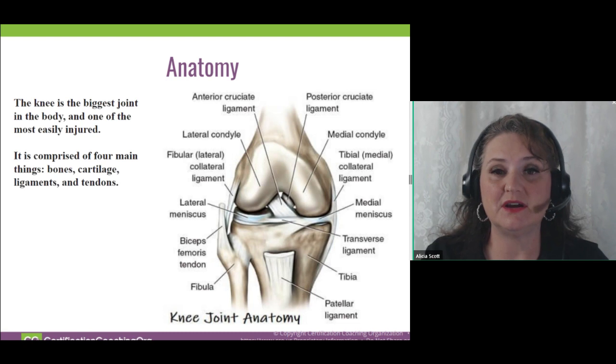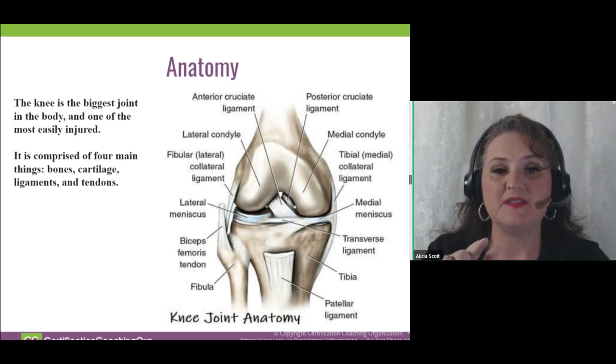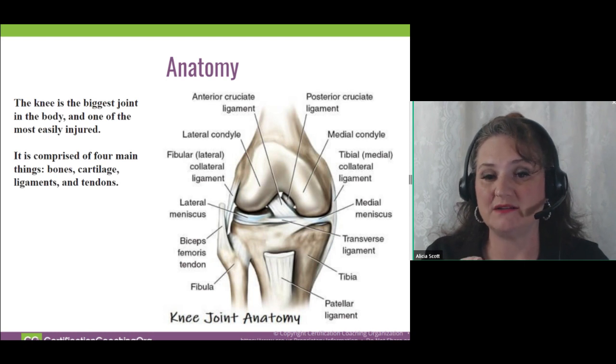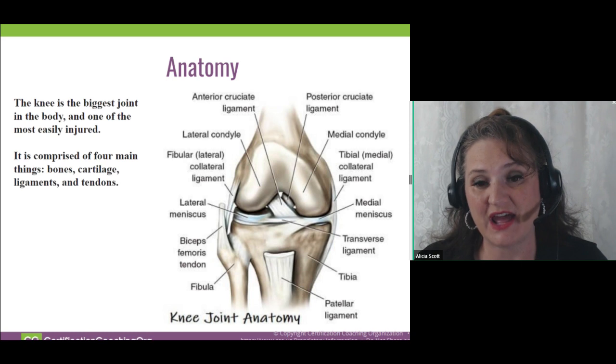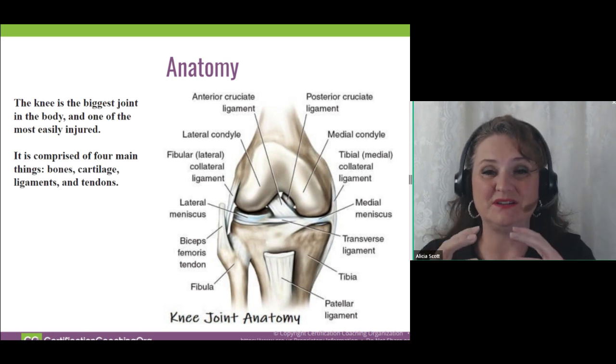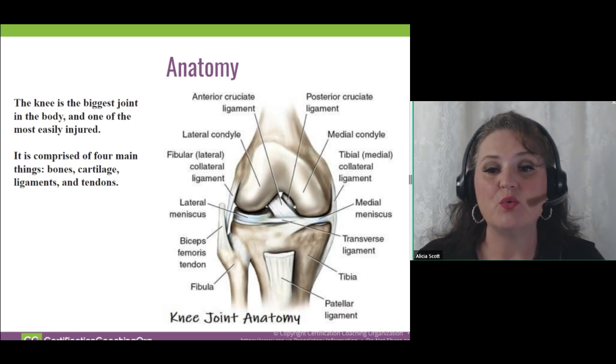The patellar ligament, going up to the patella, is a large ligament, but it's just holding the patella in place for the most part. But the ACL is where sports injuries often happen. If you tear that, that's really what's holding the knee together to be able to rock and make that motion.